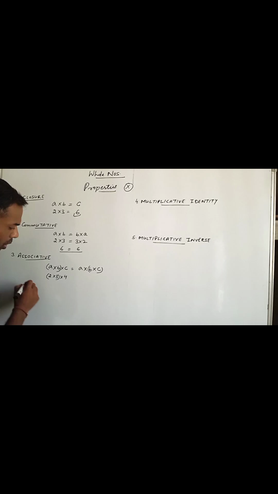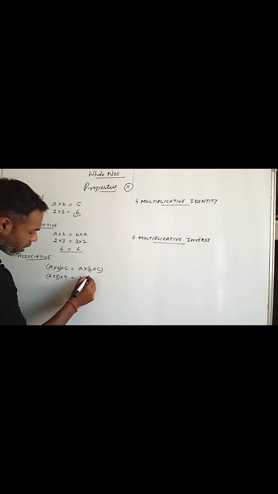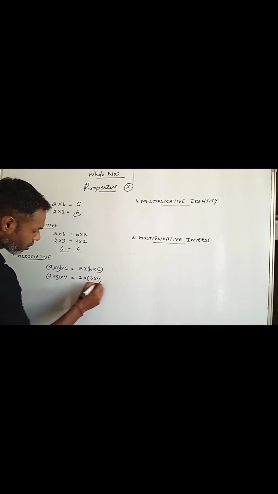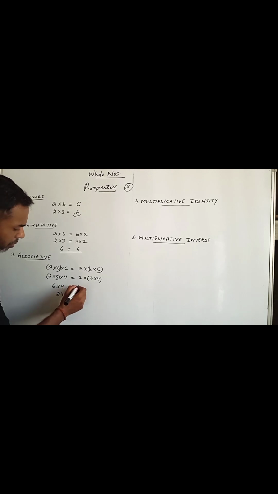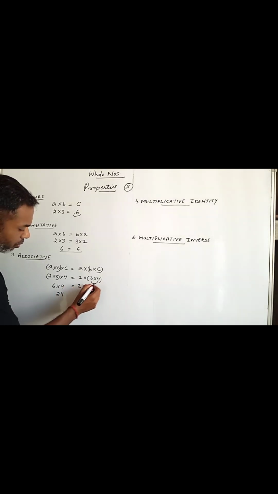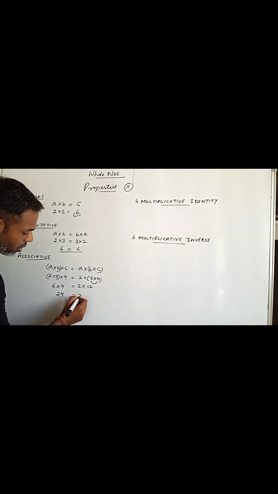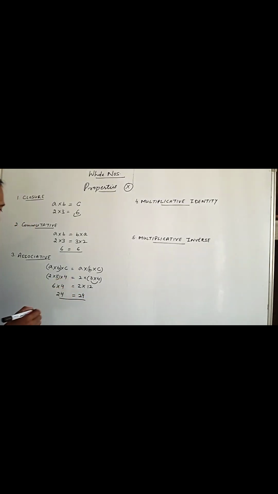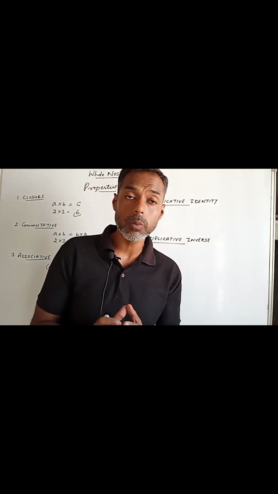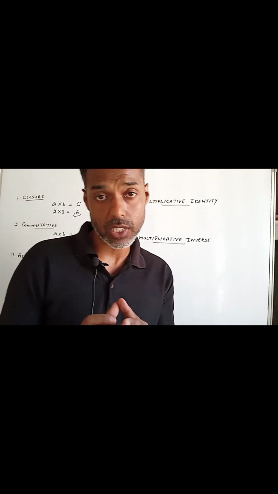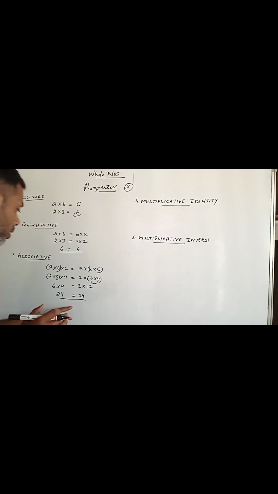Here we multiply 2 and 3 first, and on this side we multiply 3 and 4 first. 2 times 3 is 6, and now with the 4, 6 times 4 is 24. On the other side, 3 times 4 is 12, and finally 2 times 12 is 24. The answer is the same. It means changing the association of the numbers while multiplying does not change the result.